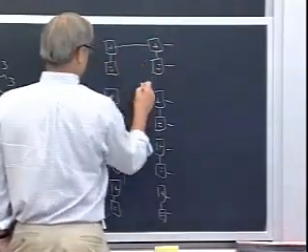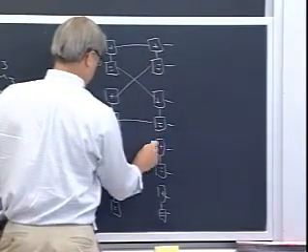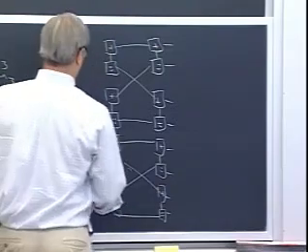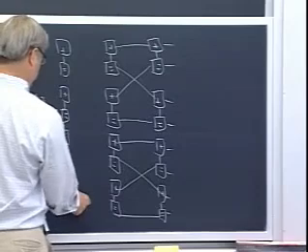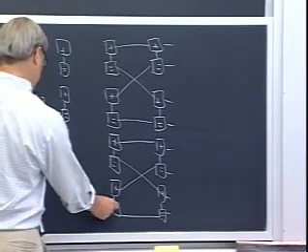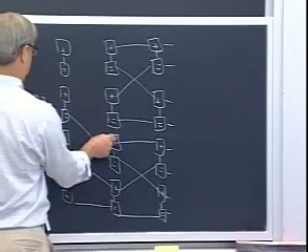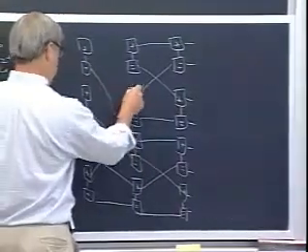At the first level, we stay within the half. We connect them together in the same way. And at the next level, we have to spread out over the whole thing. So this goes up to this equals, this goes up to this equals, this goes up to that equals. This comes down here.